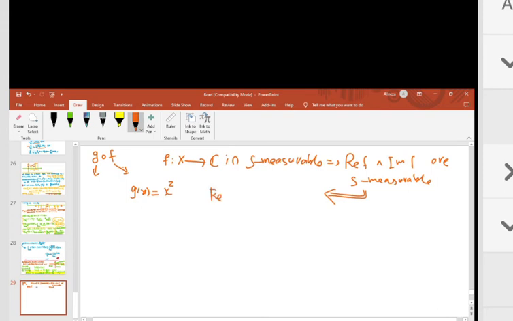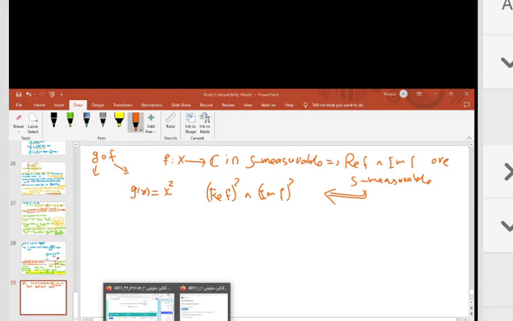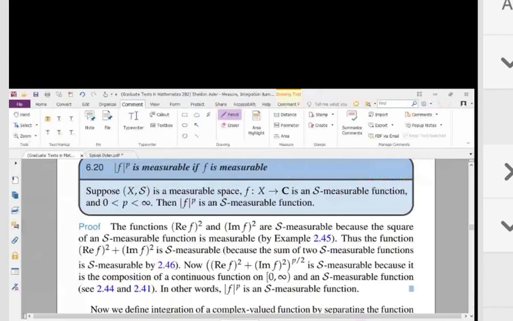Real part of f to the power of 2 and imaginary part of f to the power of 2 are S measurable. And so its summation is S measurable, because the sum of two S measurable functions is S measurable by 2.46.